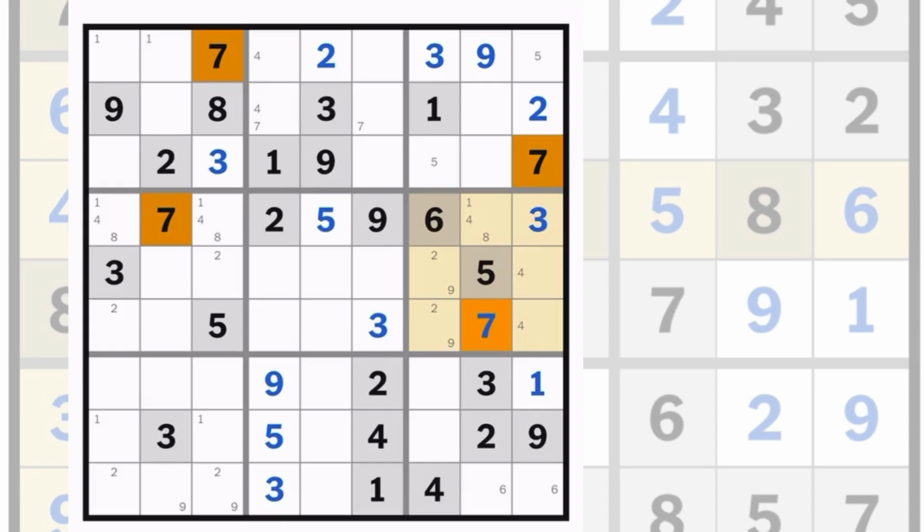Then 8 is already posted here, and it will come here also. Then 9 is already there in these two cells. So 4 and 8. So that means this is a cell where number 1 is unique. So we remove 1 from here and 1 from here.